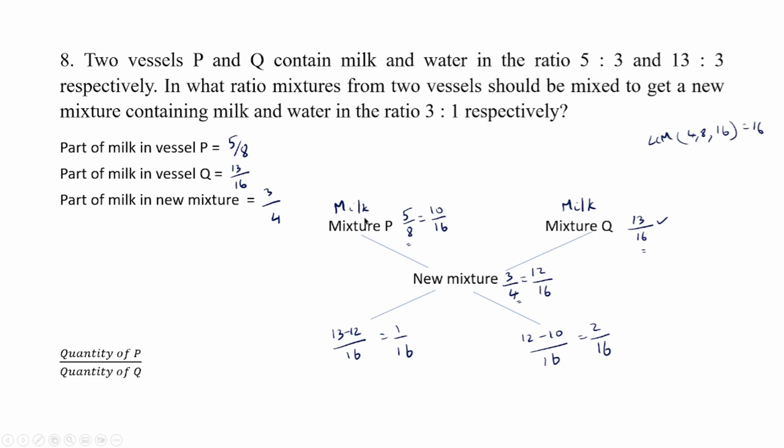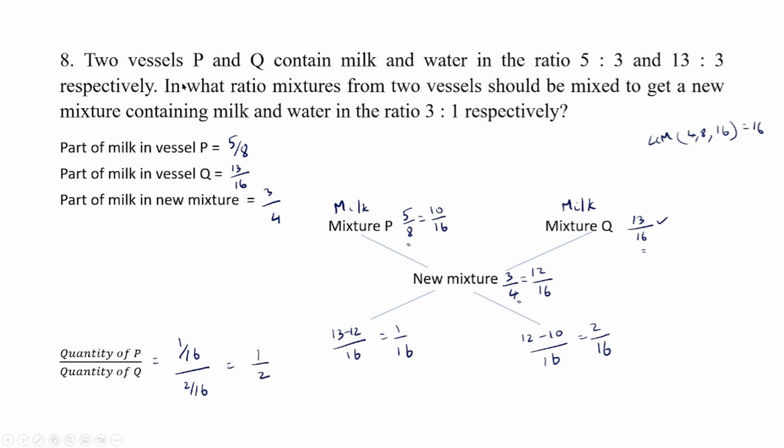So here the proportion of mixture P consists of this side, so it is 1/16, and the proportion of mixture Q consists of the value we get on this side, so it is 2/16. So quantity of P by quantity of Q is 1/16 divided by 2/16, which is equal to 1/2.